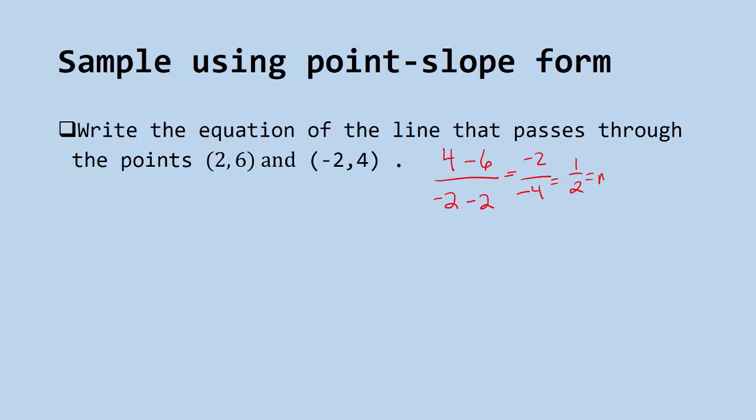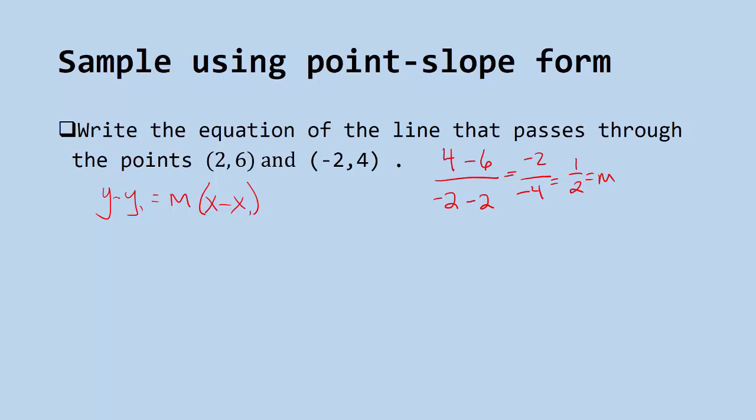So there's our slope. So now we need to get the equation of a line. We have our slope and we have a point. So we're going to go back to using this formula, the point-slope form. y minus y1 equals m times x minus x1.